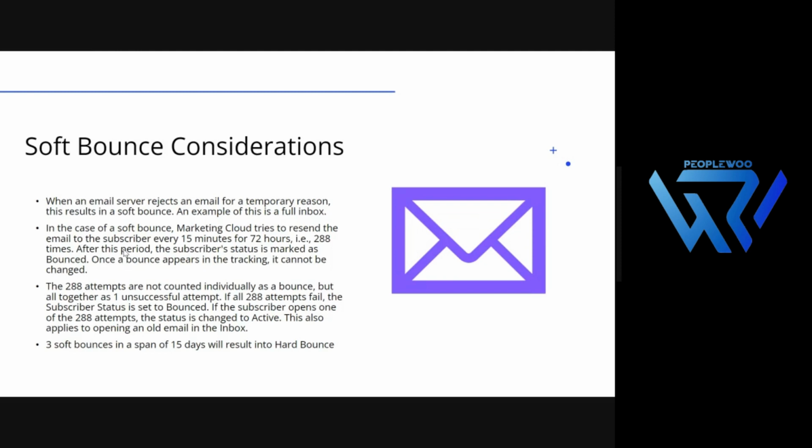So when you say a subscriber is bounced, that means there were 288 attempts of sending emails before marking that subscriber's status as bounced. The 288 attempts are not counted individually as bounces, but all together as one unsuccessful attempt.